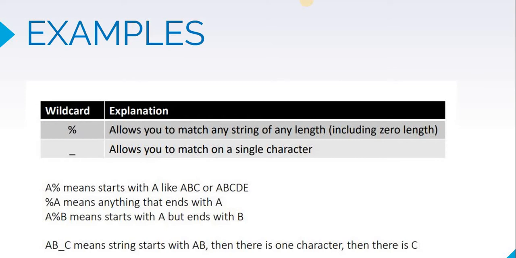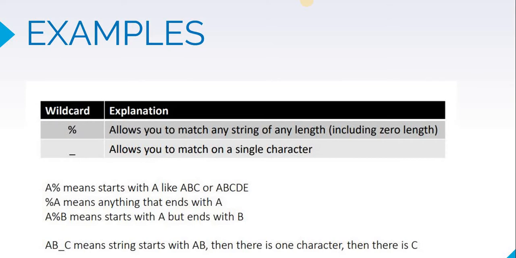For example, if you write letter A and after that you write the percent symbol, it means any string starting with letter A. There can be any number of characters in that string. %A will mean that the string is ending with A, and in front of A there can be any number of characters.